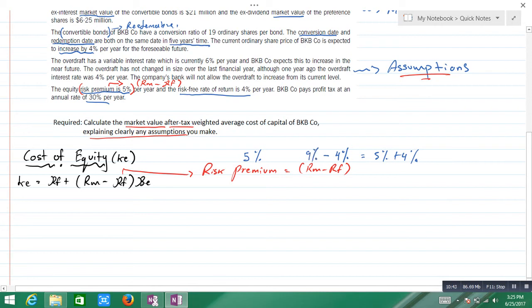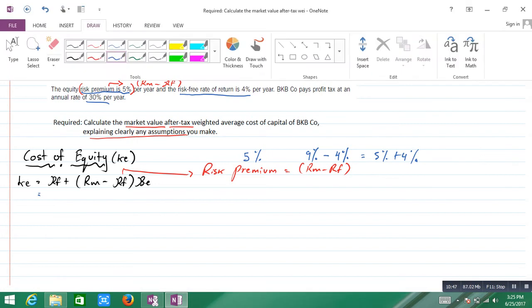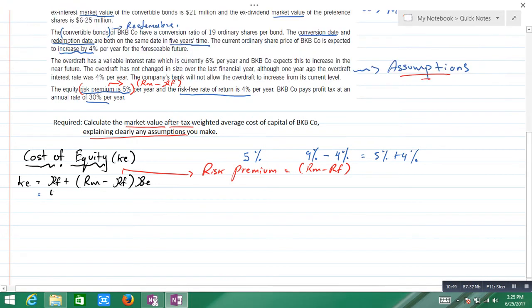So it's going to be 4% plus 9% minus 4%, which gives you the 5% over here, times the beta equity of 1.2, that will give you 10%. Check.